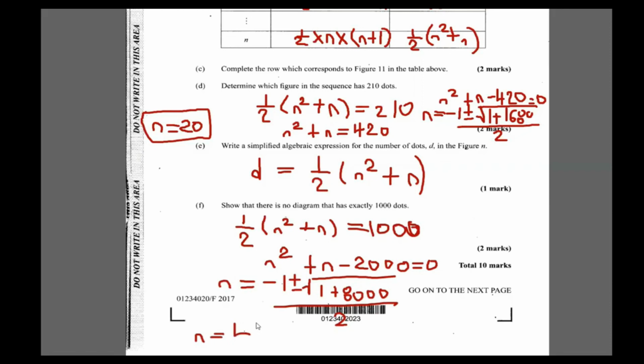Now, if you're getting n equal to 44.2, this is not a whole number. And so clearly, no diagram has 1,000 dots.